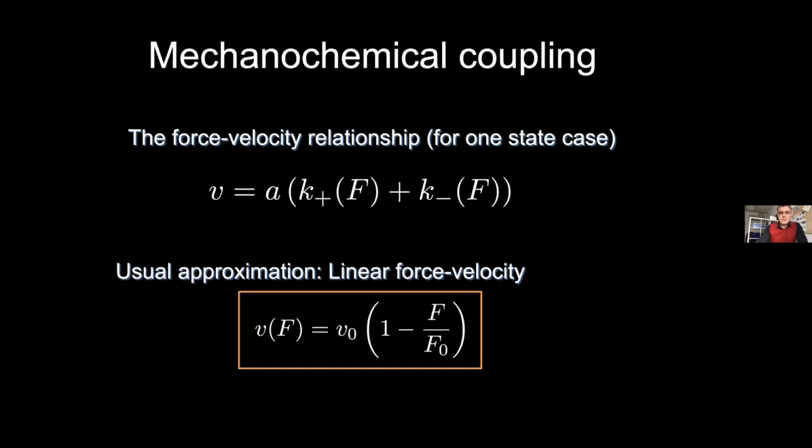However, if we want to calculate something, we usually use a linear approximation for this force velocity, as it's written here. Why a linear relationship? It makes life of our theoreticians much easier, and I think many calculations wouldn't be possible without this approximation.